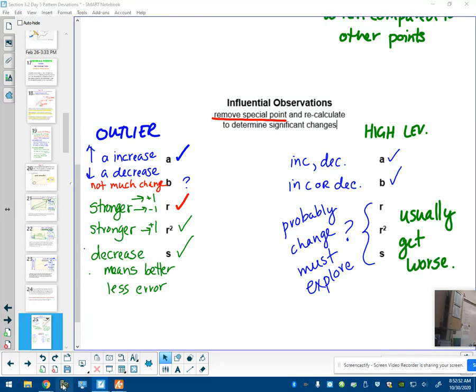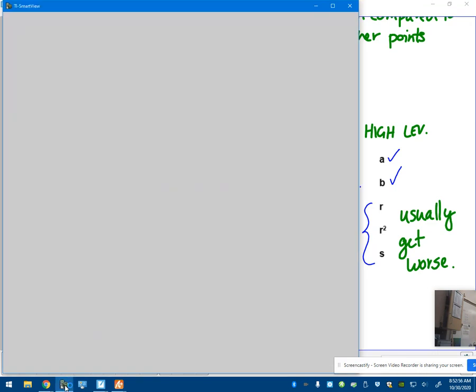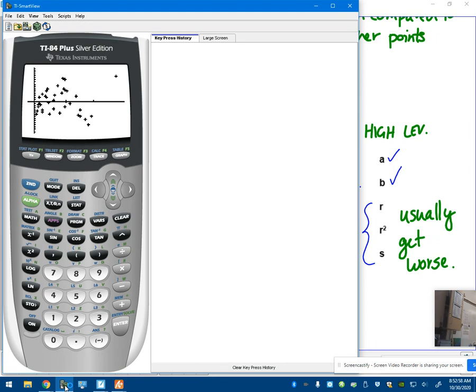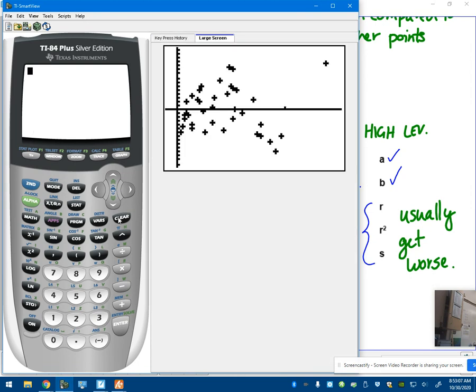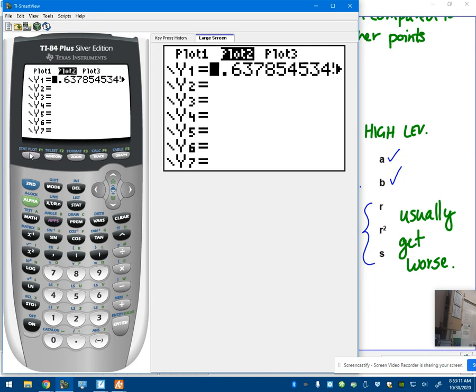I want you guys to remember how to put points into the calculator. First, I'm going to clear out my screen. Hit clear, then hit Y equals and hit clear. And any plots you have turned on, go up above there and hit enter so they're all off.